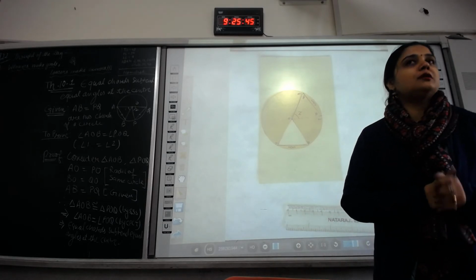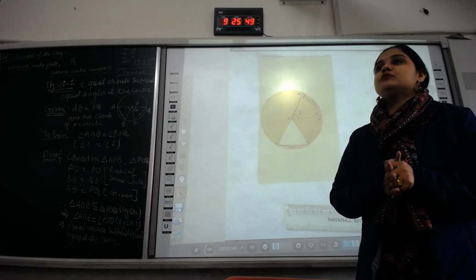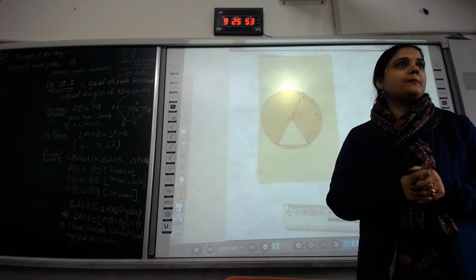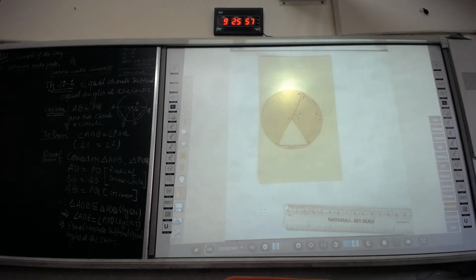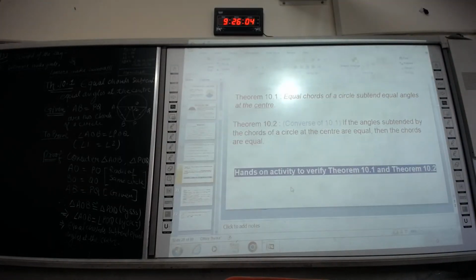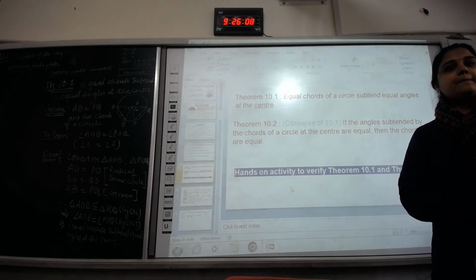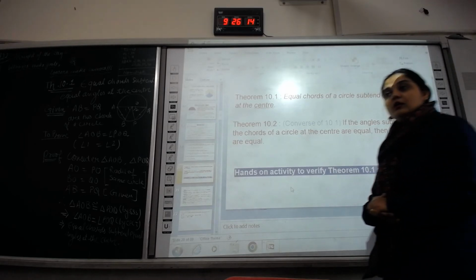The proof for the second theorem is not required. It is not in the course. But I am sure if it comes by chance, you would be able to do it. So these two theorems are verified now.